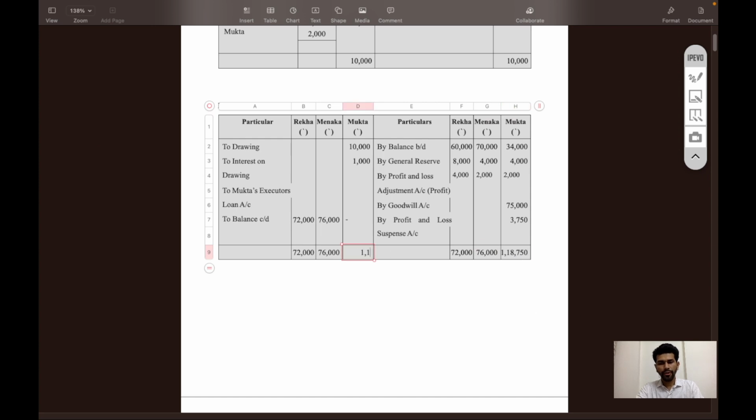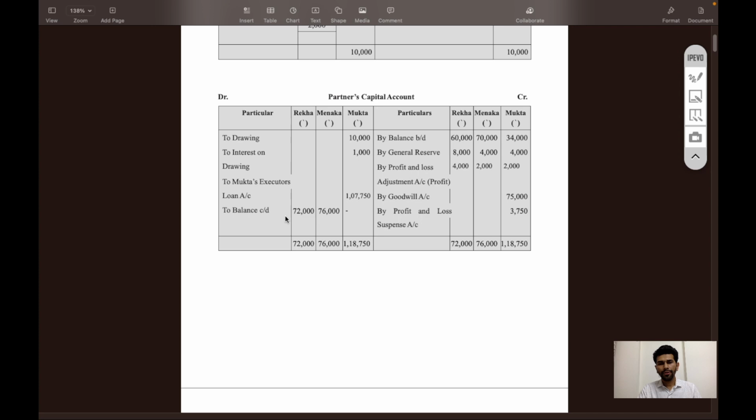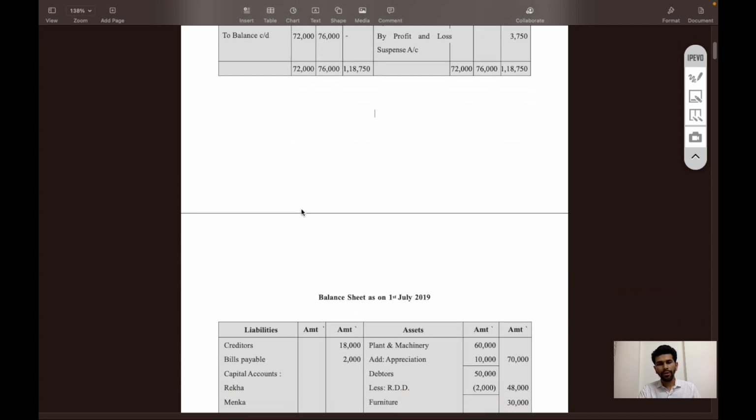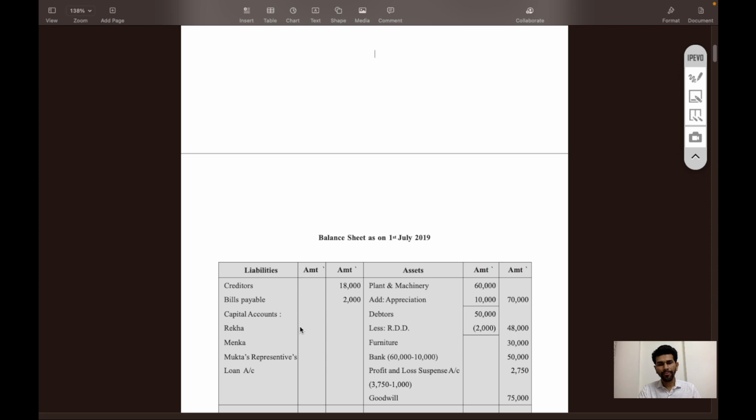It will be shifted to debit side. 1,18,750 minus 11,000 rupees. Balancing figure will be 1,07,750. Now the closing balance of partners capital account will be transferred to balance sheet liability side.